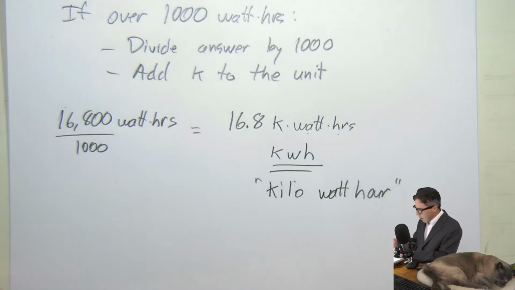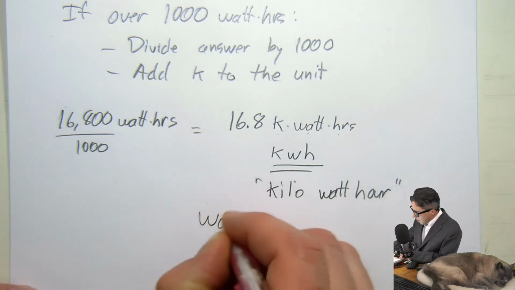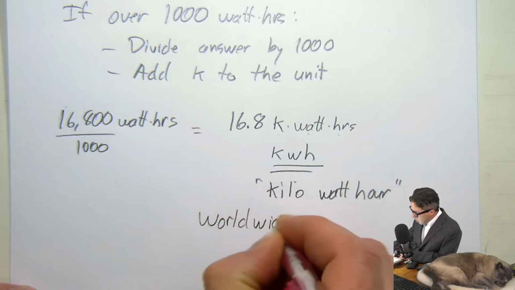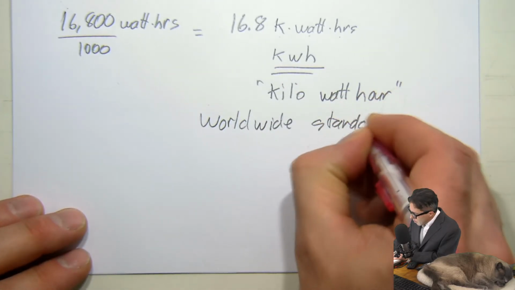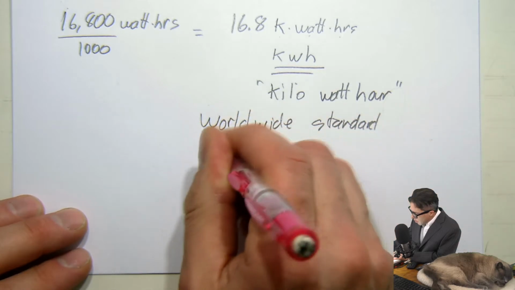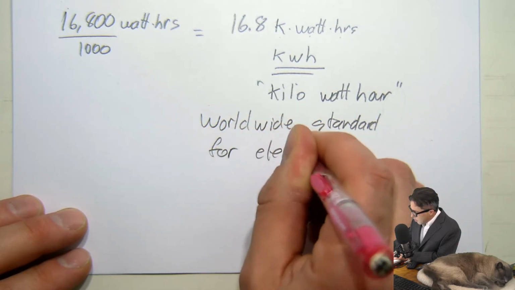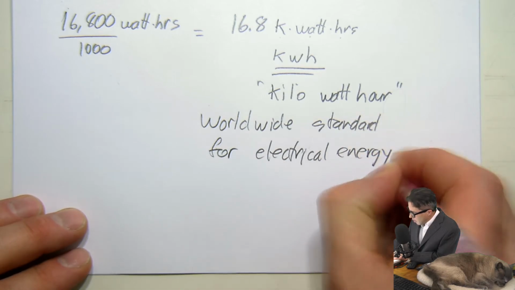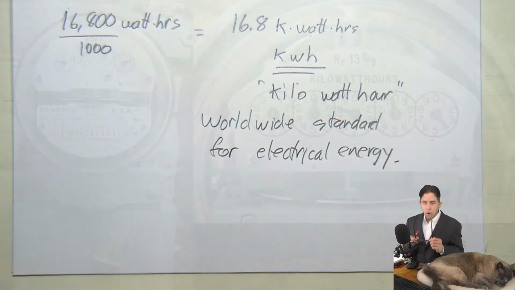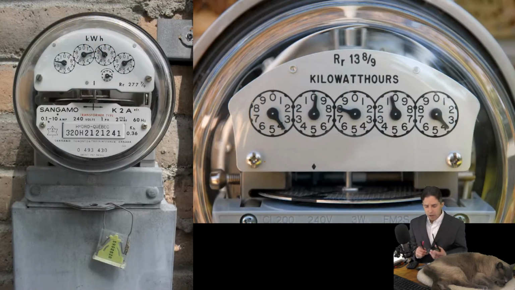And the kilowatt hour is the worldwide standard for measuring electrical energy. Okay, so outside your house, you have a kilowatt hour meter because this is how the power company charges you for the electricity that you use.